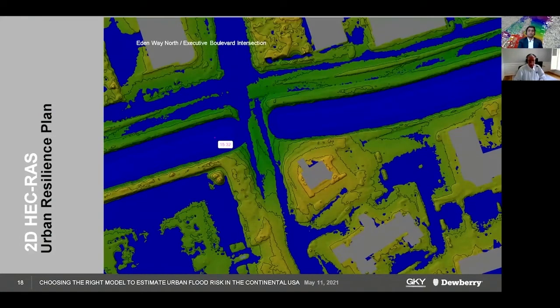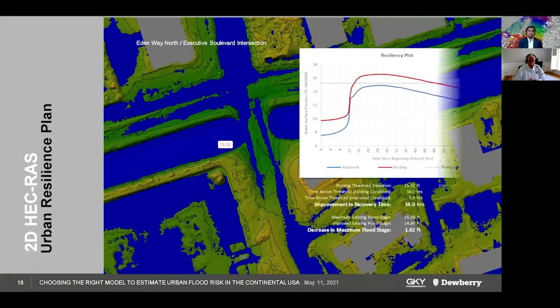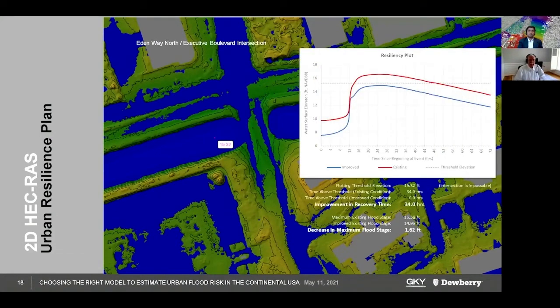And this is showing one location that was particularly bad. We're able to go in HEC-RAS, it's a dynamic, hydrodynamic 2D model, and pick out an elevation 15.32 at which that intersection is impassable. And we plot that on a graph that we call a resiliency plot, and take a look at existing versus improved conditions after we put in the new parallel culvert under the interstate.